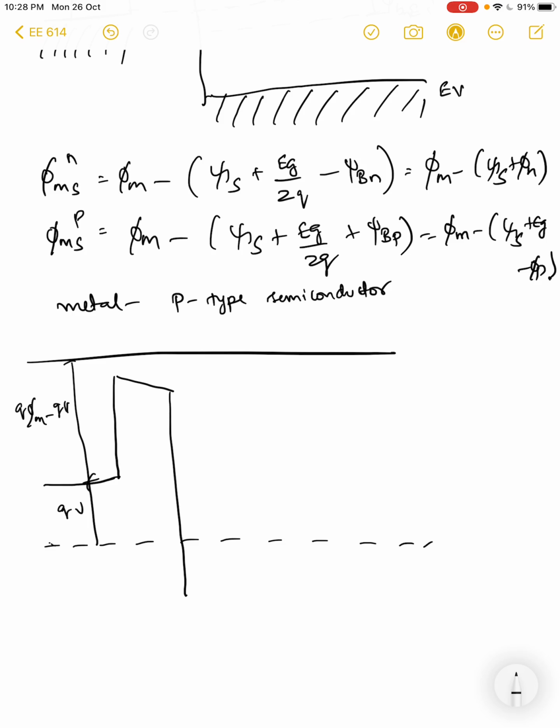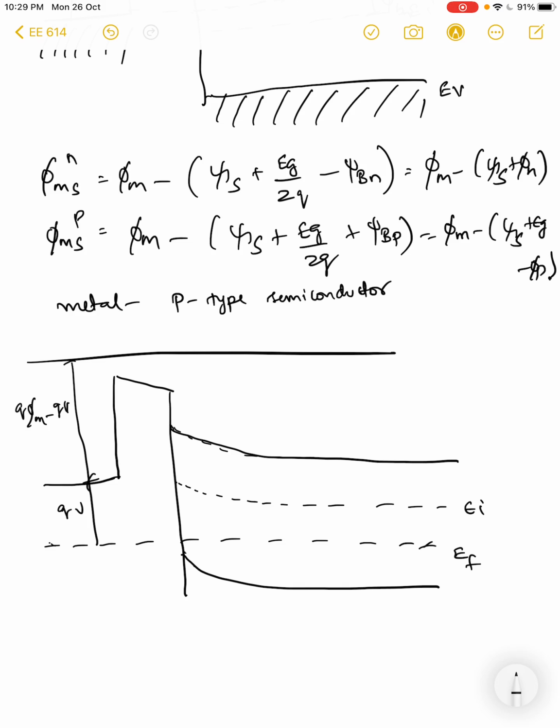So what happens, the hole concentration at the interface is going to change. For that, the valence band should bend close to the interface, correct? Now if the valence band bends, and we have seen this numerous times, all the other things should bend. Right, so this is EF, this is EI.